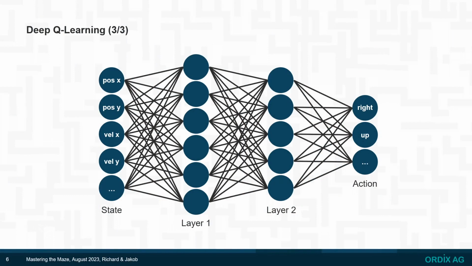It's a neural net, and as the first layer, you input state parameters. It's not the state itself, but for example, a position and velocity and things like that. So you input a state, and after some hidden layer magic, an action falls out.